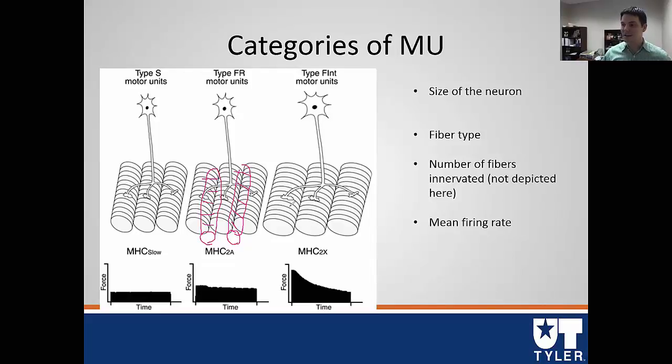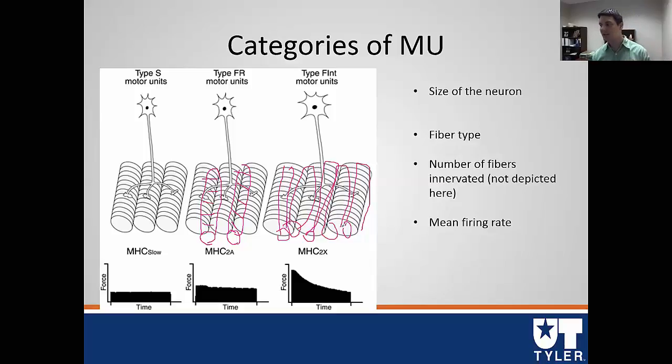And then if we look at the type 2B or 2X fibers, they will have even more. In this example, the fastest motor unit would innervate several fibers, so 7 or 8 muscle fibers.